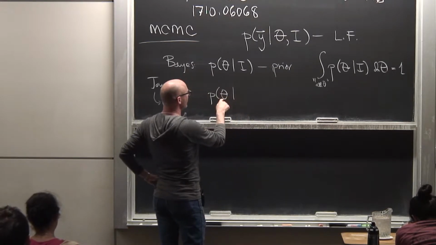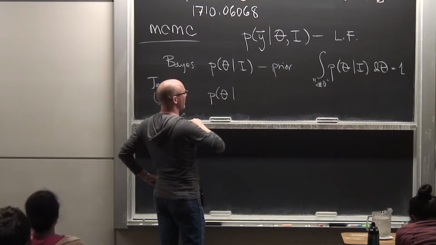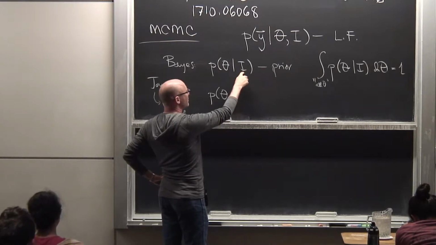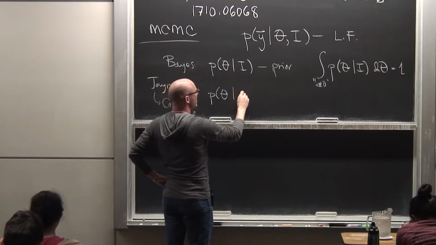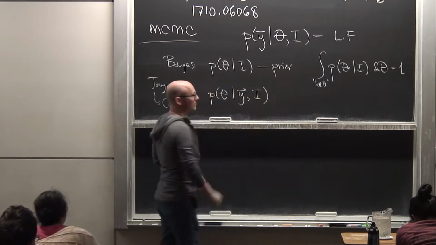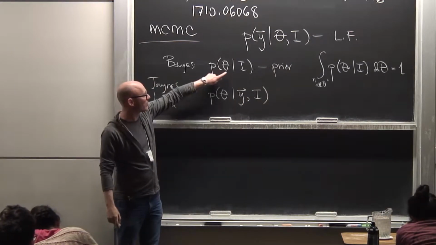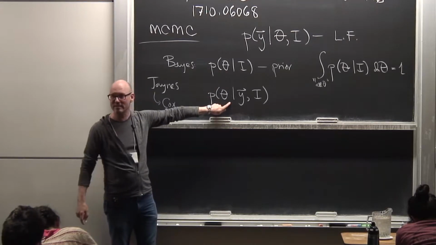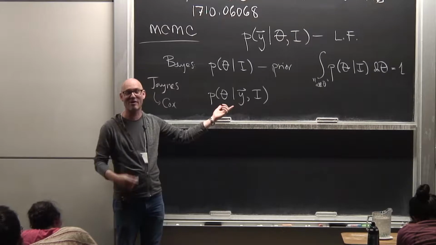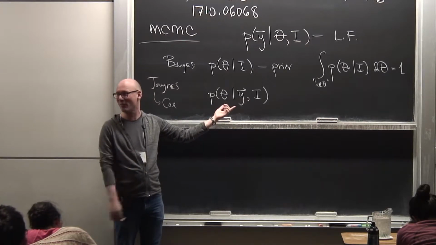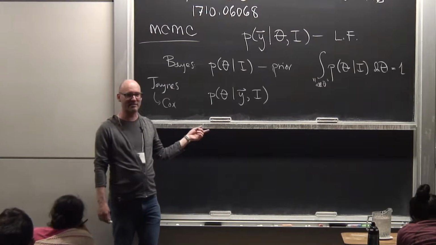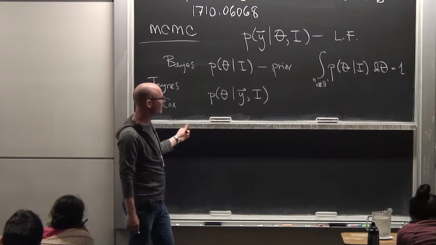You started with beliefs about theta, you're going to end with beliefs about theta, but now your beliefs about theta are not going to be just conditioned on your assumptions, they're also going to be conditioned on your data. So you started with this, and you ended with this. And if your data were informative, this should be a much narrower distribution, or a much more informative distribution than this. And that's kind of the principle behind Bayesian inference.